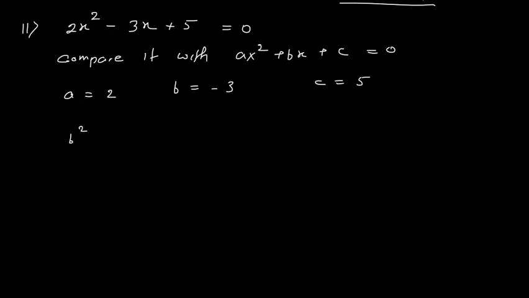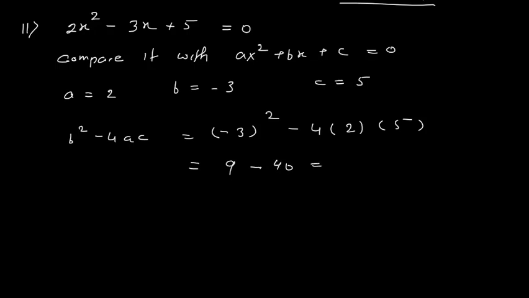Now b square minus 4ac is equal to minus 3 square minus 4 into 2 into 5. So this is 9 minus, 5 times 2 is 10, 10 times 4 is 40. So this is minus 31, which is less than 0.